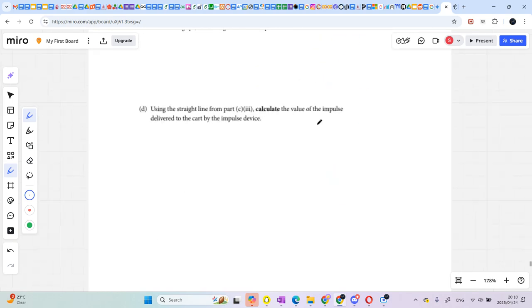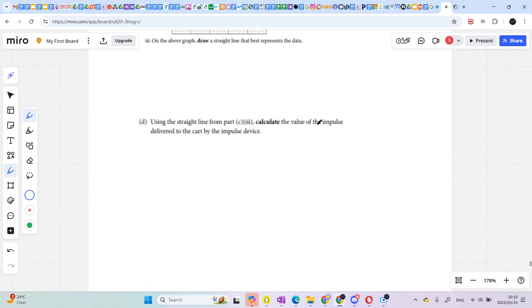In this case, you're being asked to calculate the value of the impulse. That's going to come from your slope. So the slope is going to be equal to something in terms of impulse, some functional dependency of impulse.